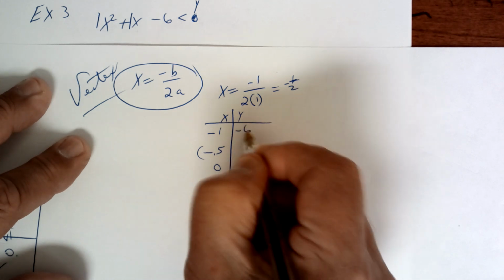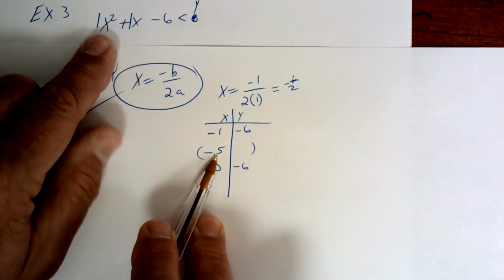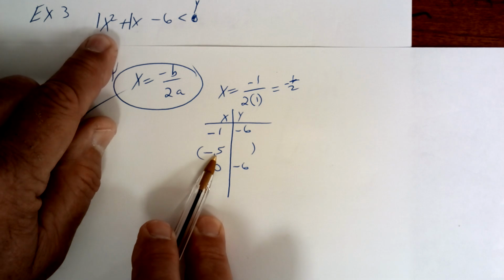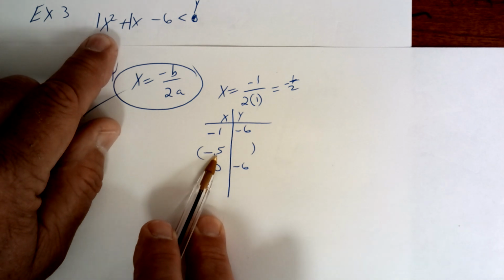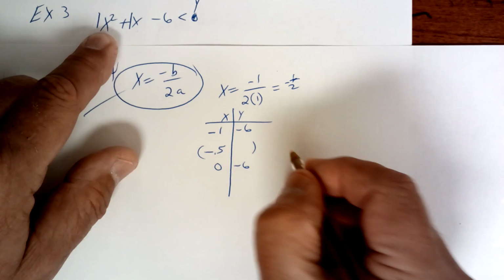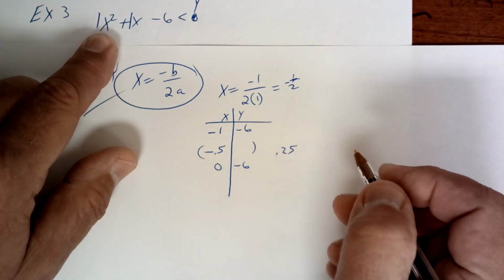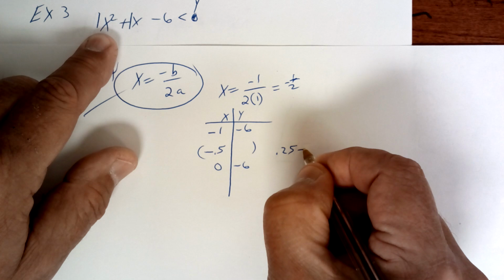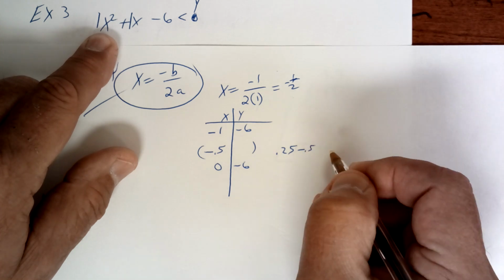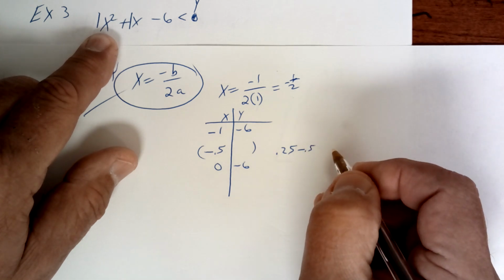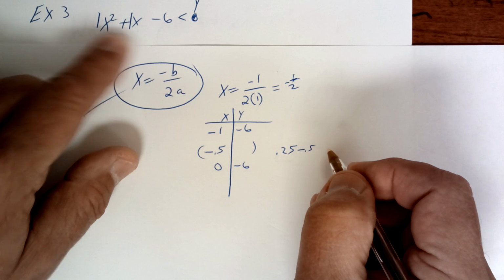Now you got to plug in negative 0.5. So negative 0.5 squared is going to be 0.25, I think, when you square it. And then minus 0.5, and then minus 6.